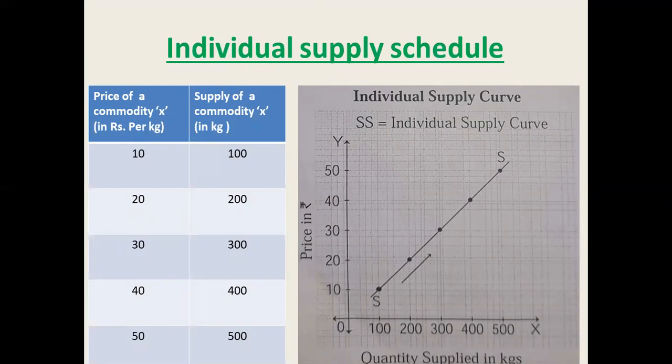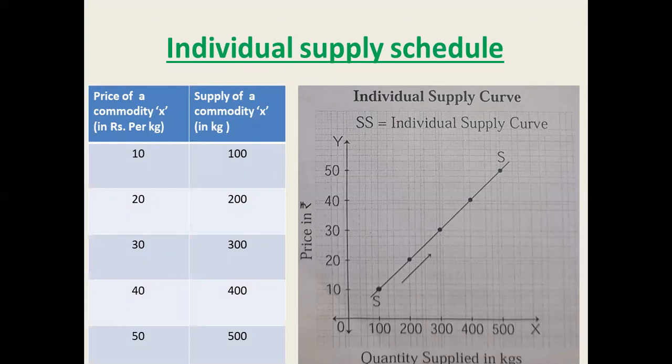The first price is the lowest price of commodity X, 10 rupees per kilogram, and the highest price is 50 rupees per kilogram. The changes in between show a rising price.